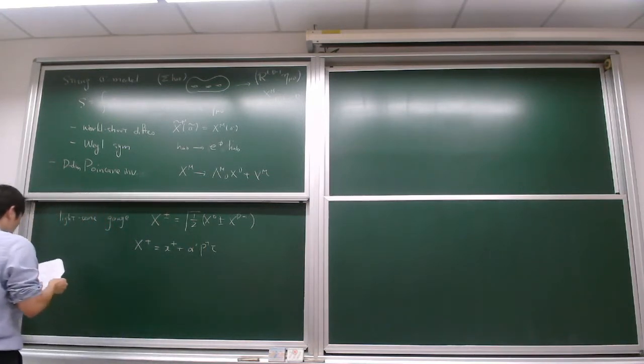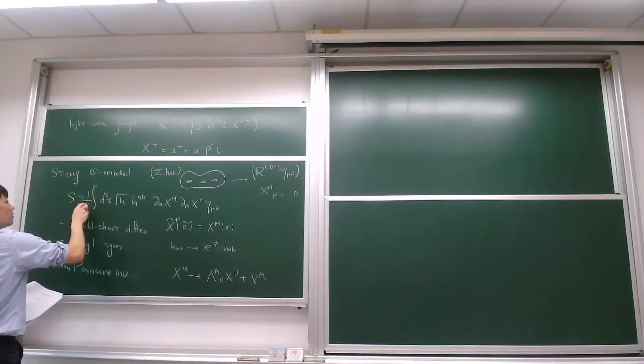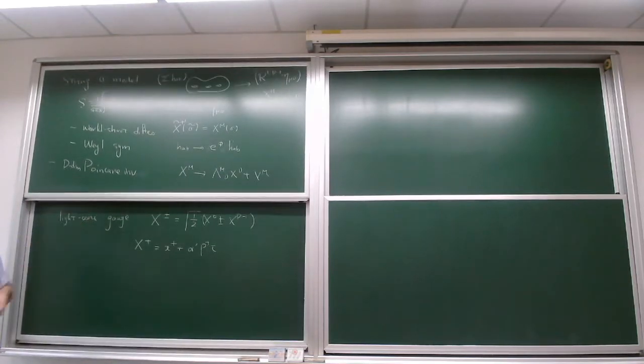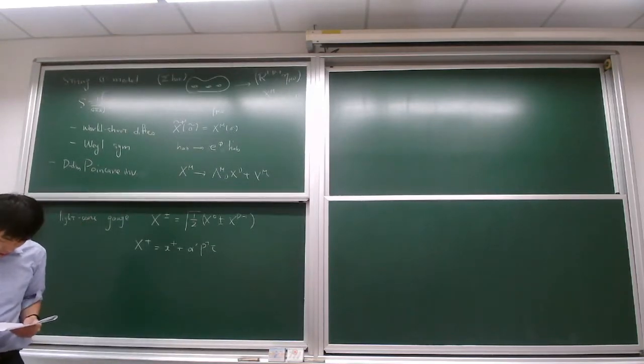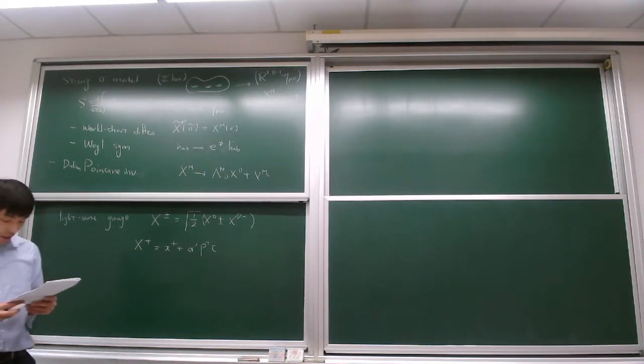I forgot the constant in the action. In the action, you have 1 over 4 pi alpha prime, and alpha prime is the only coupling constant of string theory. This is the light-cone gauge, and then we quantize the theory.